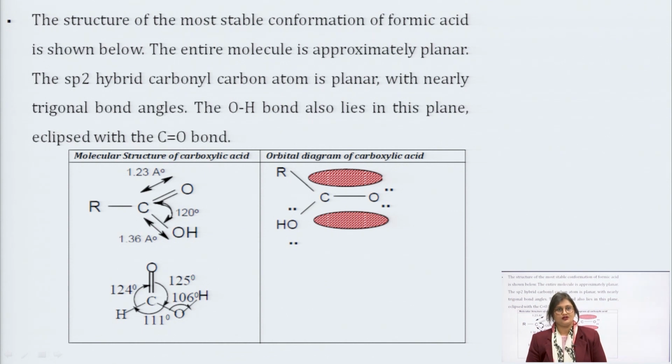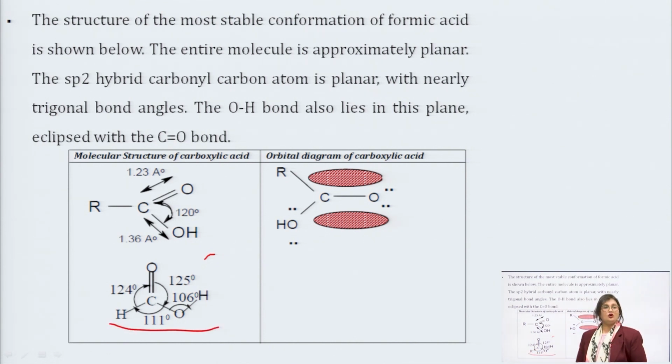The structure of the most stable conformation of formic acid is shown here. We shall be discussing it in detail. The entire molecule is approximately planar. Here we can see the basic unit of a carboxylic acid, which is formic acid, HCOOH.